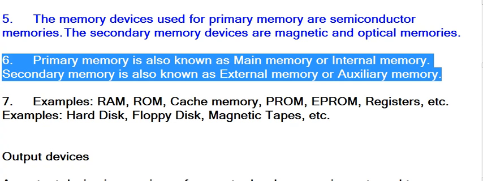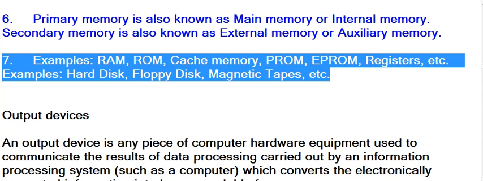Primary memory is also known as main memory or internal memory. Secondary memory is also known as external memory or auxiliary memory. 7. Examples of primary memory: RAM, ROM, cache memory, PROM, EPROM, registers, etc. Examples of secondary memory: hard disk, floppy disk, magnetic tapes, etc.